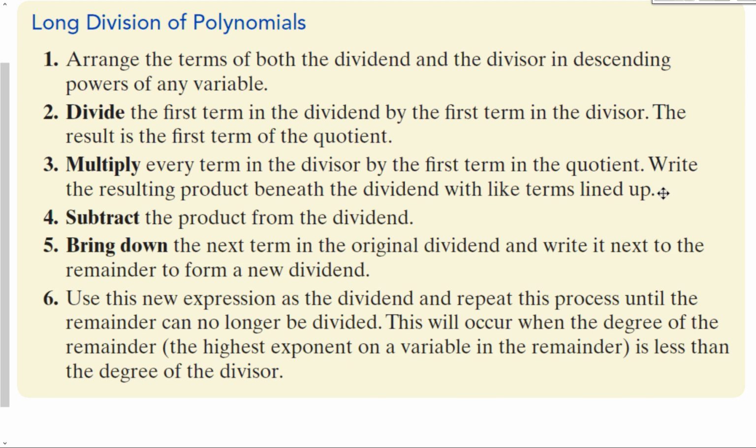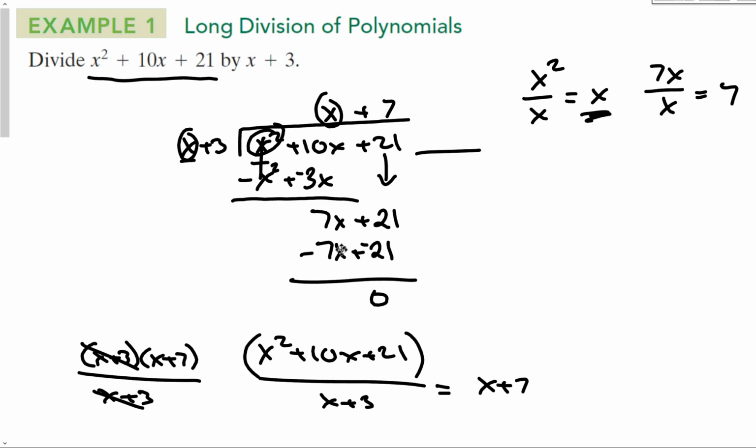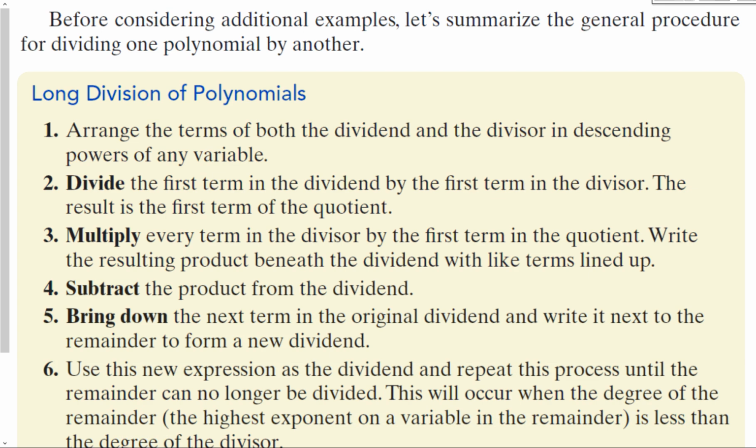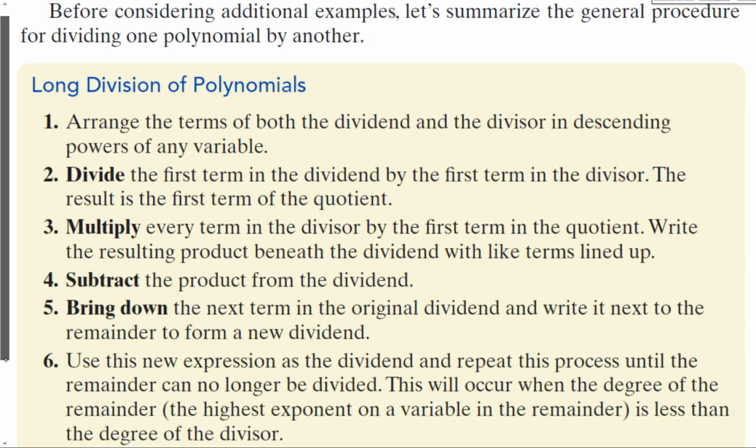Use this new expression as the dividend and repeat this process until the remainder can no longer be divided. This will occur when the degree of the remainder, the highest exponent, is less than the degree of the divisor. So as soon as the degree here becomes less than the degree up here, we're done. We haven't seen that yet, but be aware.